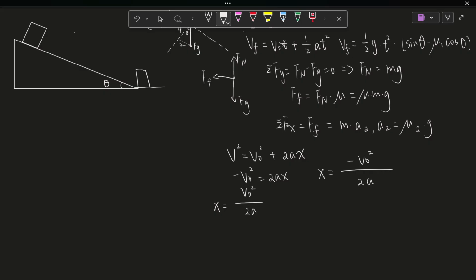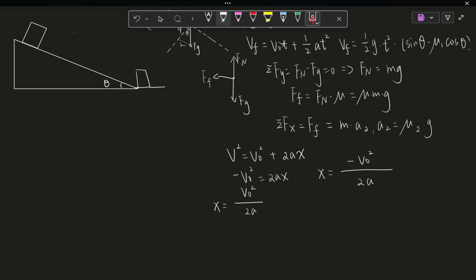And now it's time to plug in values. This is vf, which is equal to v naught, since the final velocity when the block reaches the bottom of the incline is equal to the initial velocity of the block when it starts moving along the horizontal surface. And a is equal to mu2 times g.